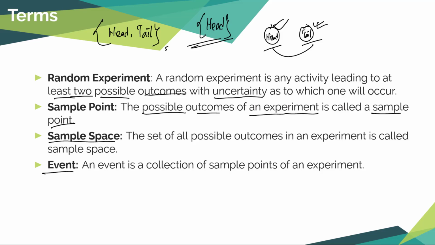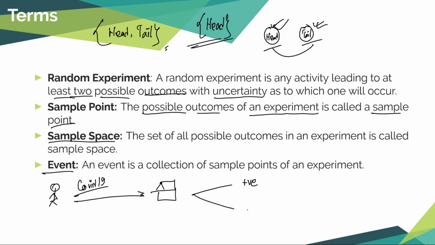So let me give you a more practical example which will clear all four terms that are used. Suppose a person goes to a COVID-19 test at a testing center. The outcome of the test will lead to two possible results. Either the person will be COVID-19 positive, or, in the fortunate case, COVID-19 negative.